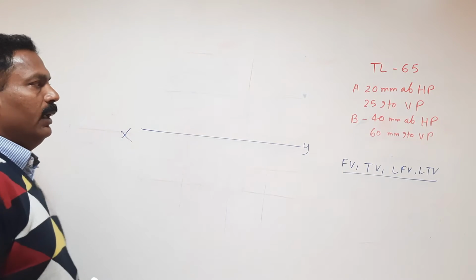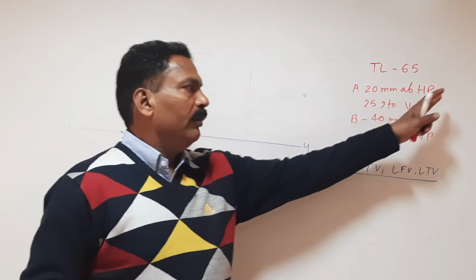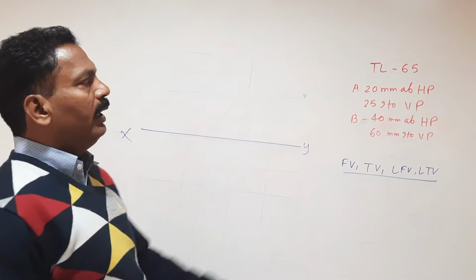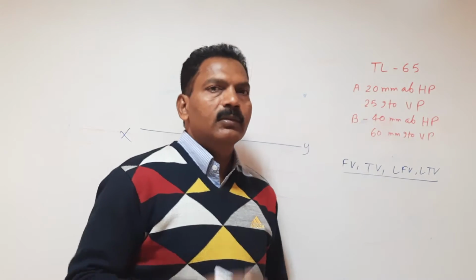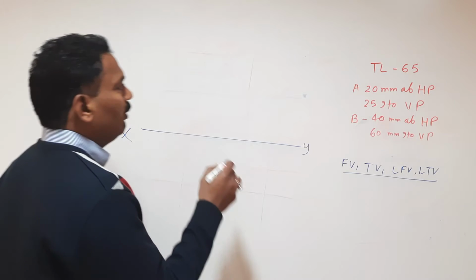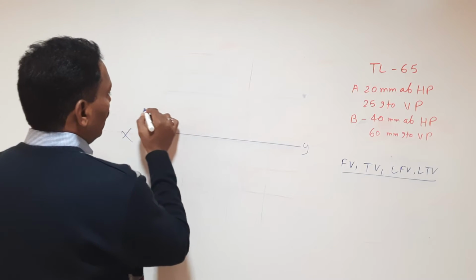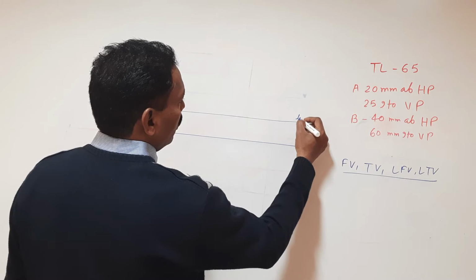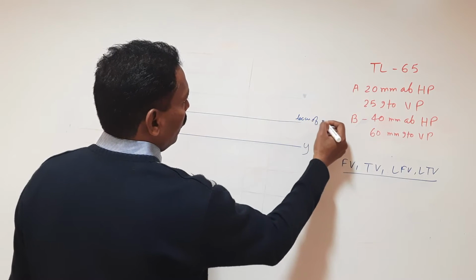Draw an xy line and make the locus of the point 20 mm above HP. It is very clear that the front view of point A will always be 20 mm above xy. So draw a line at a distance of 20 mm. It is the locus of A dash.